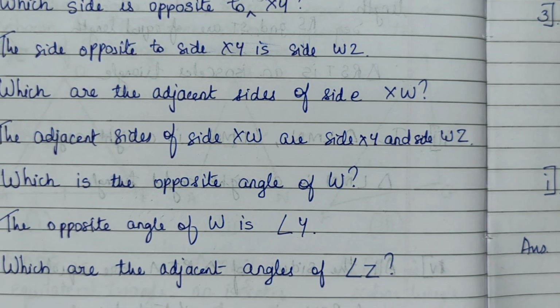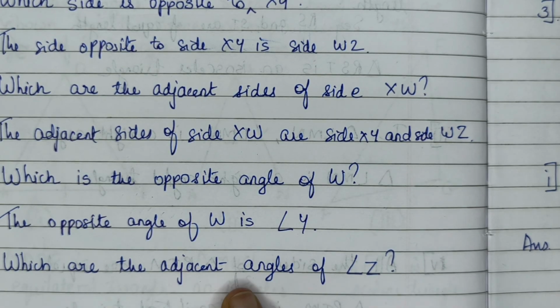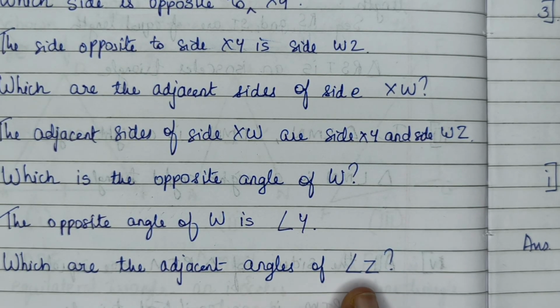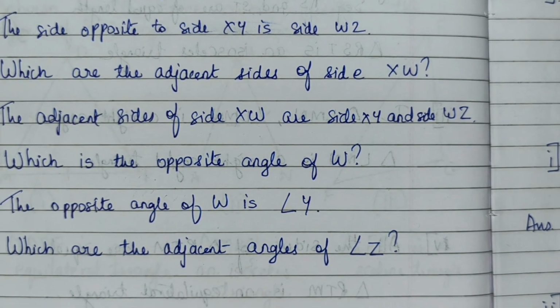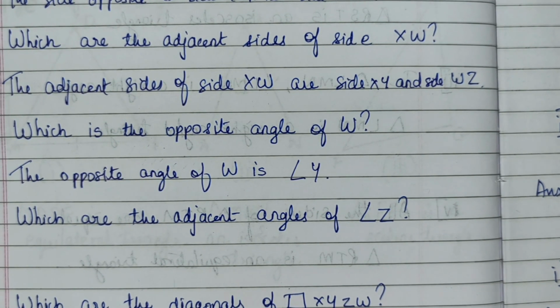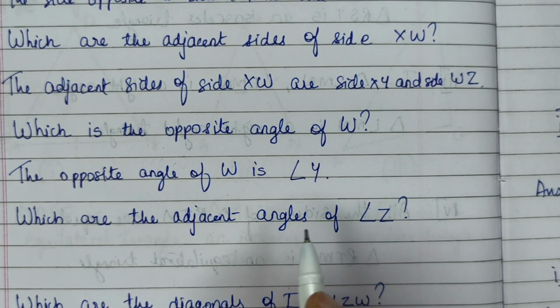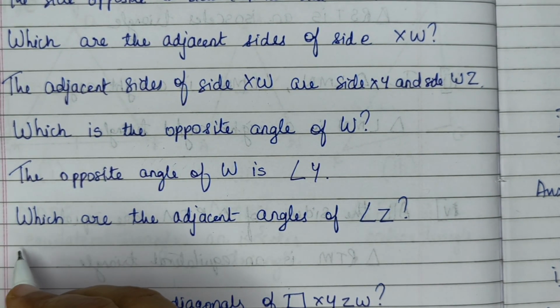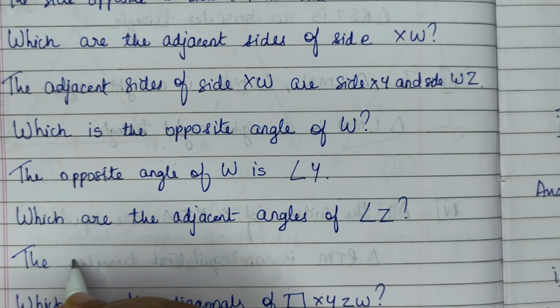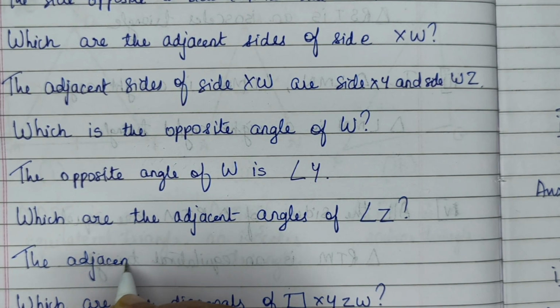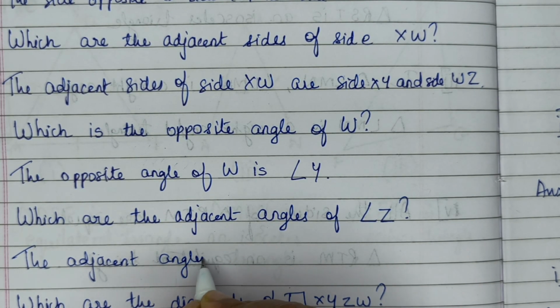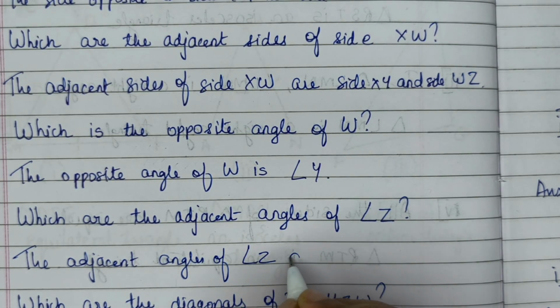Now see the next one. Which are the adjacent angles of angle Z? So let's write about the adjacent angles. First, I'll copy the question. The adjacent angles of angle Z are.